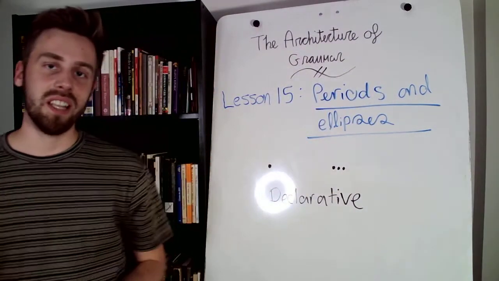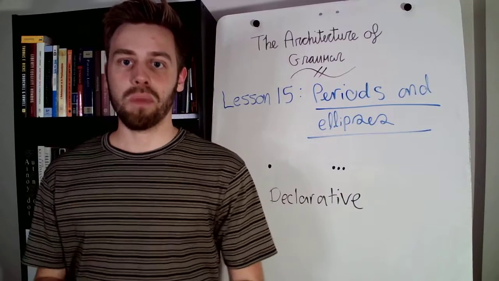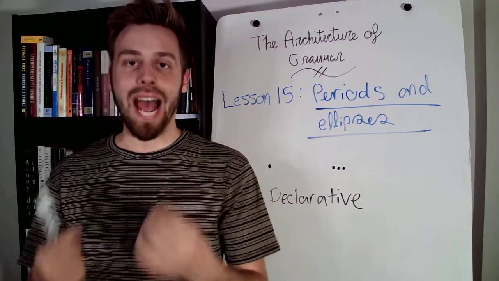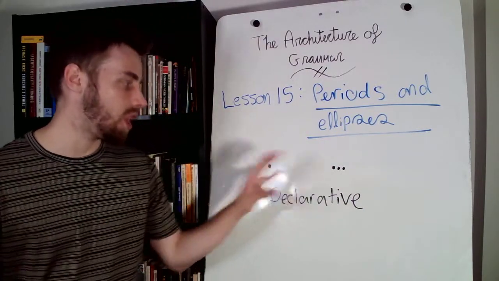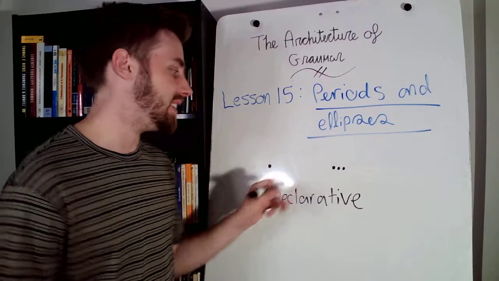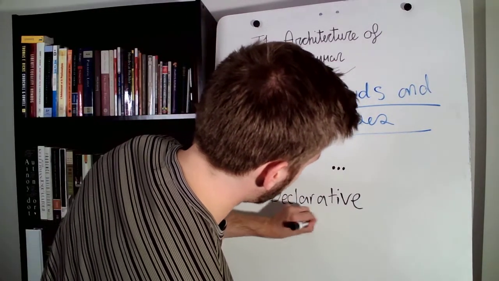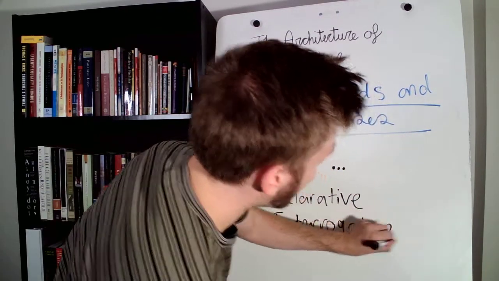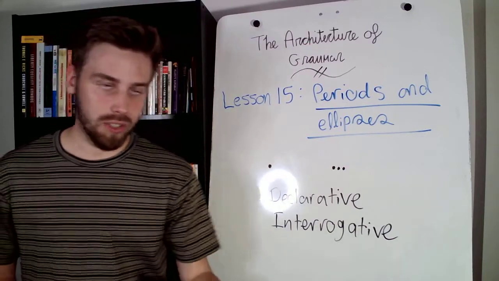What's a declarative sentence? Well, a declarative sentence is a sentence in which something is declared, something is stated as true, or it could possibly be wrong, but we trace a contrast between a declarative sentence and an interrogative sentence. The interrogative sentence is a question in which something is not stated, but something is asked.